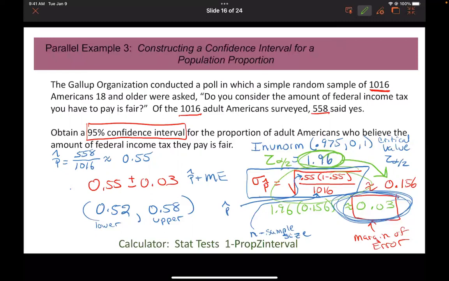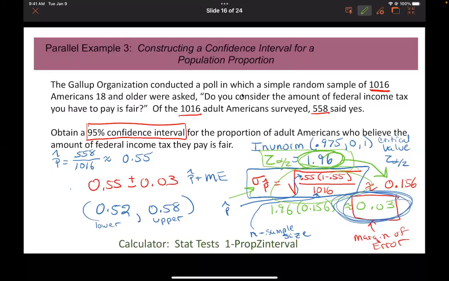So if it asks you for the critical value, it just wants the z-score that corresponds with that. If it asks for the standard error, you're looking for your standard deviation. But yeah, you can just use your calculator and you'll find your p hat. Hold up here.